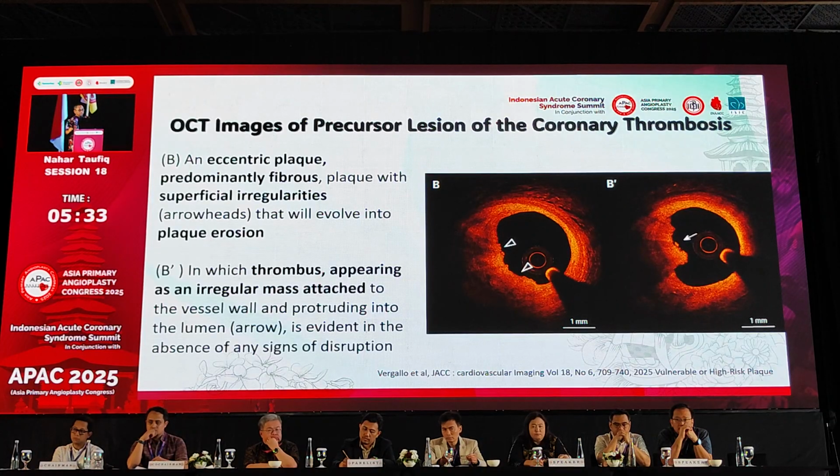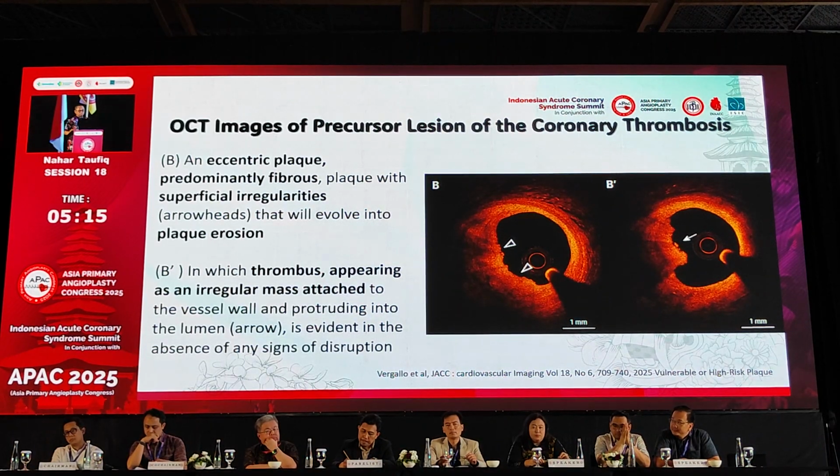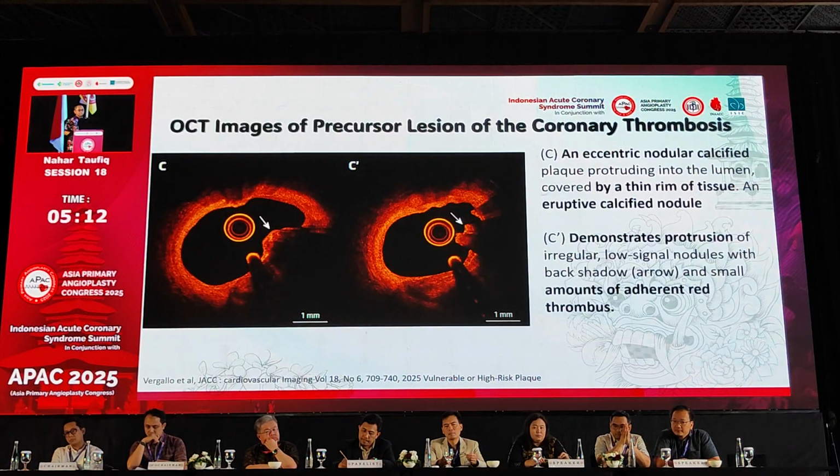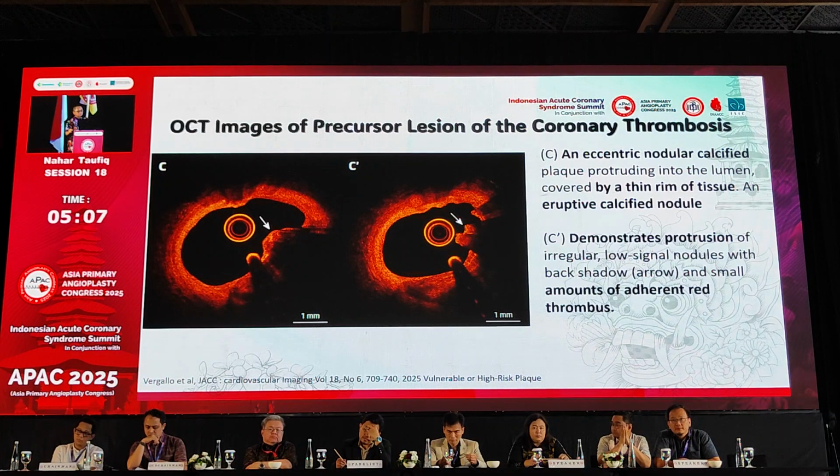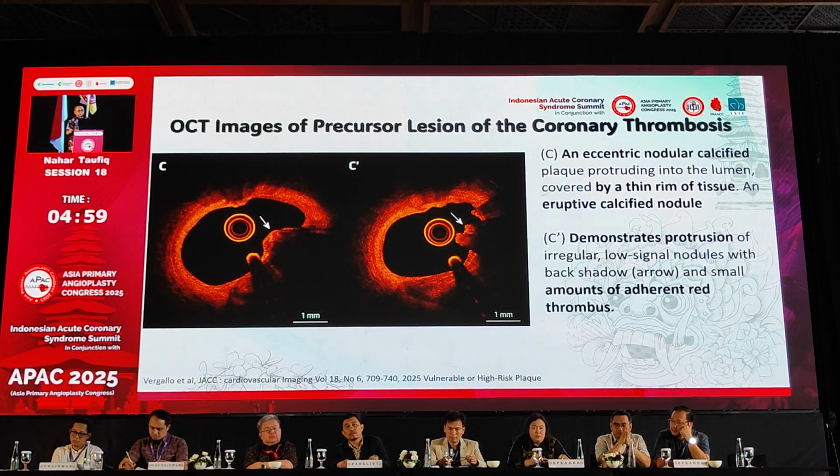And then the eccentric plaque, predominantly fibrous, with superficial irregularities, is plaque erosion, and sometimes there is thrombus attached, with edema. And the last precursor lesion of coronary thrombosis from the OCT is the eccentric nodular calcification, covered by a thin rim of tissue, an eruptive calcified nodule.